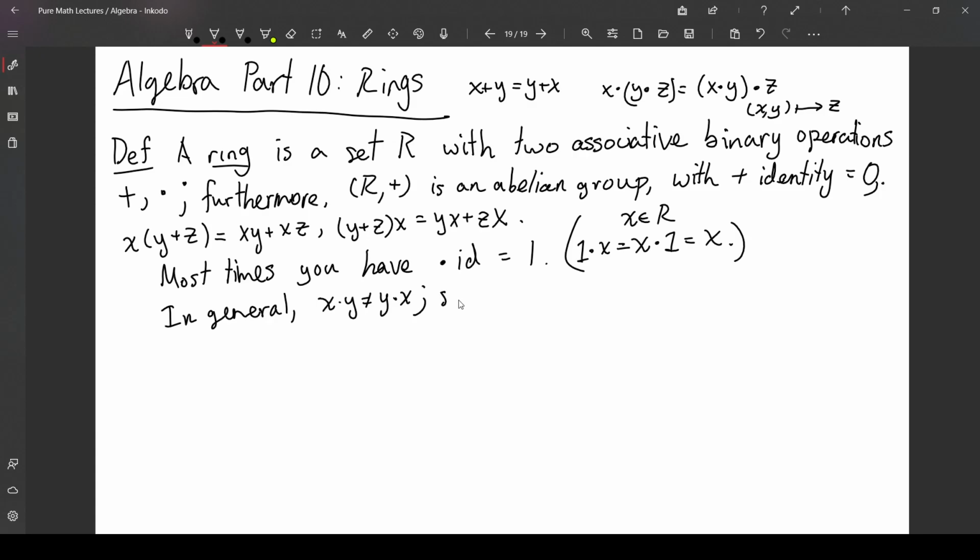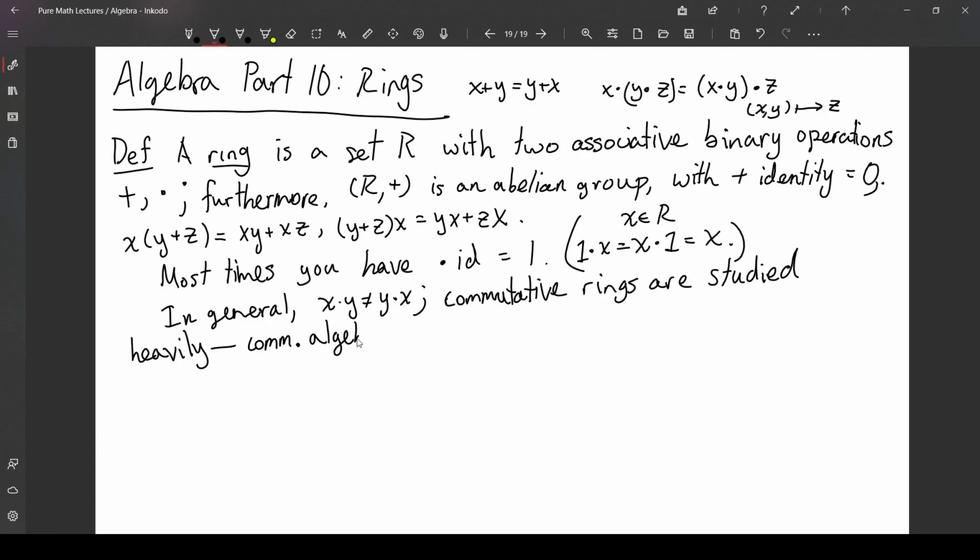However, commutative rings are studied heavily. If you've ever seen a college class called commutative algebra, commutative algebra is literally just the study of commutative rings.